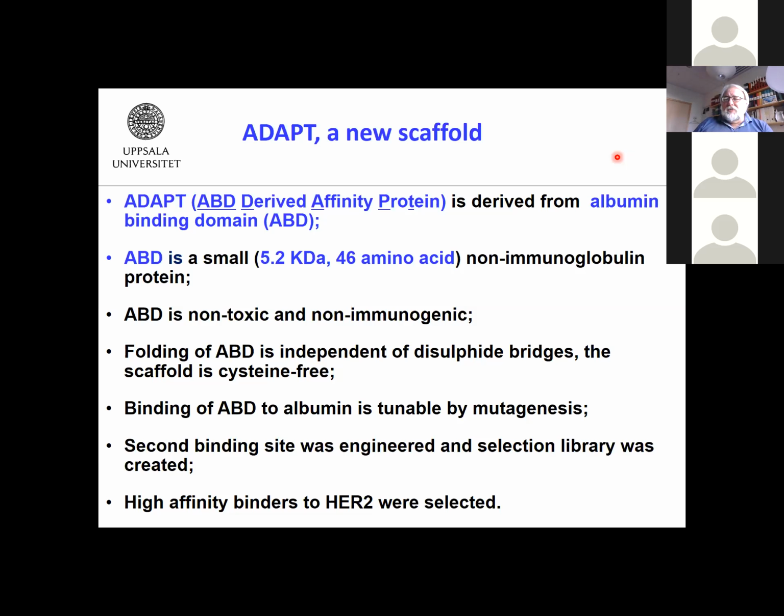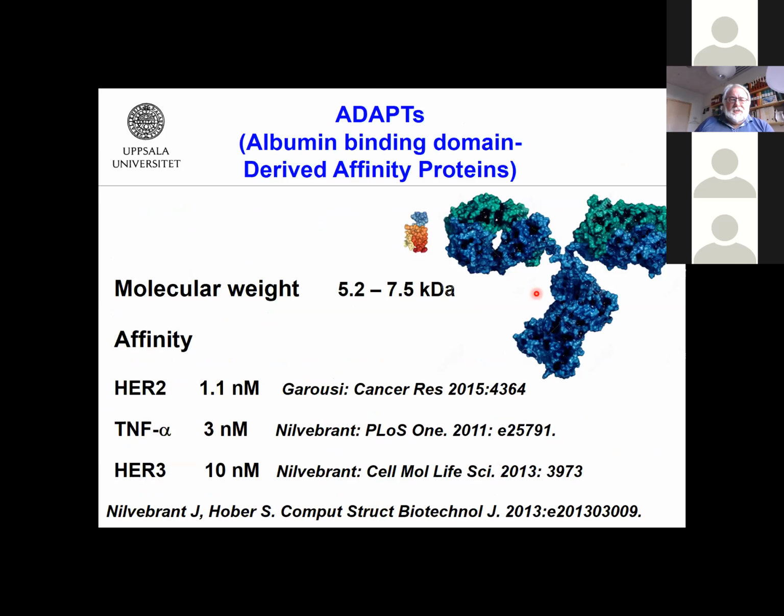Sophia managed to engineer a second binding site in ABD, which is far from a trivial biotechnology task because albumin is pretty bulky as such, but she managed. And she selected a HER2 binder as well as a number of pretty high affinity binders to other molecular targets.